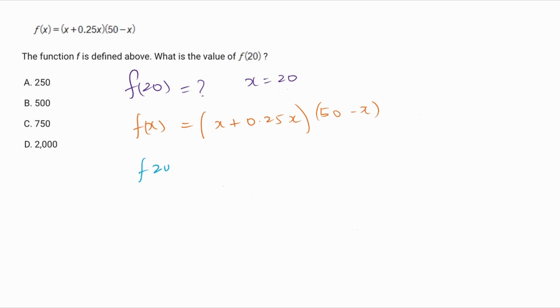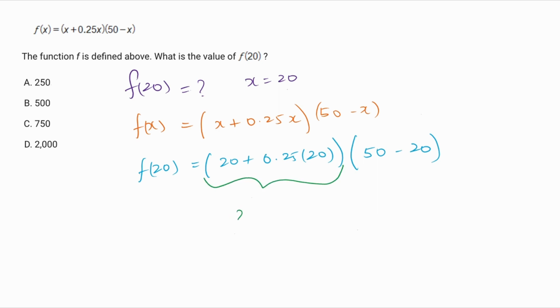We have f of 20 which is equal to (20 plus 0.25 times 20) times (50 minus 20). So let's calculate our first parenthesis here. We have 20 plus, this term is 5.